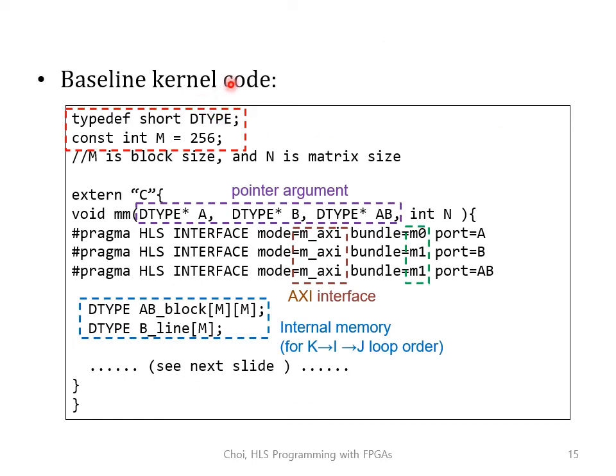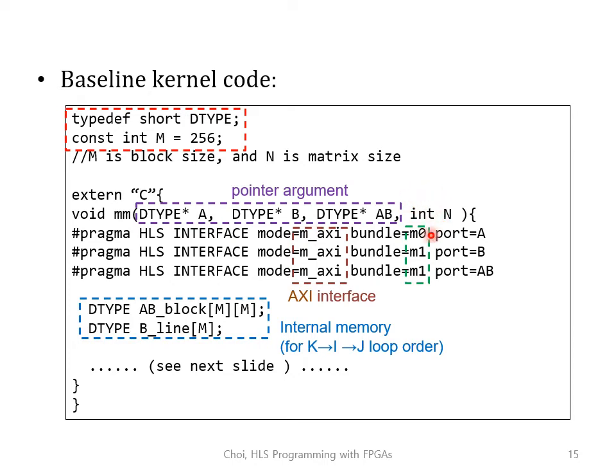Then you can make the kernel code. Let's set the type to the short type and the block size to 256. And you probably remember that you have to put an extern C around the top kernel function in a Vitis project. And for the arguments, if the matrix size can change, it's better to put them as a pointer rather than fixed size arrays. And the matrix size n is made configurable as a scalar argument.